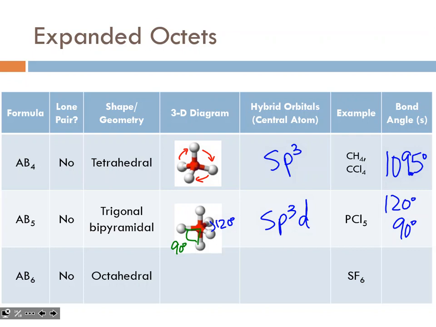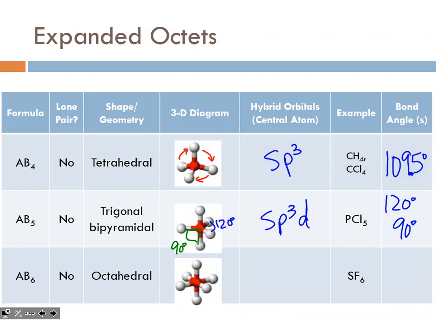Now octahedral is the easiest on the angles. So let's take a look at it here. It's like a square around the middle. So this is like a flat square here, right? And then that's like a straight line going up and down this way. So a square with a straight line. 6 things around the central atom.